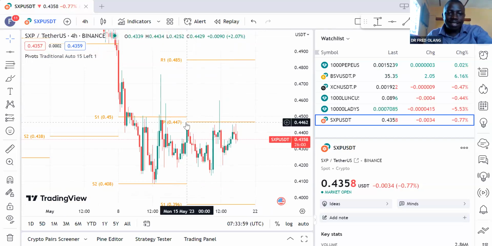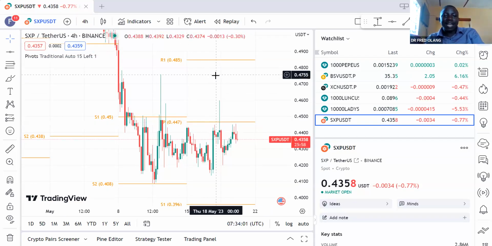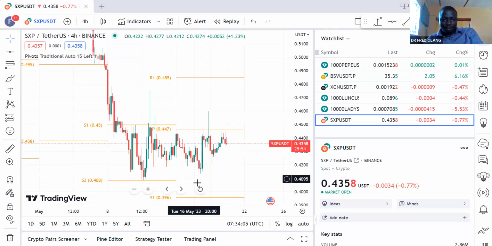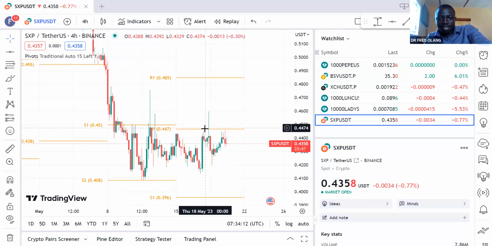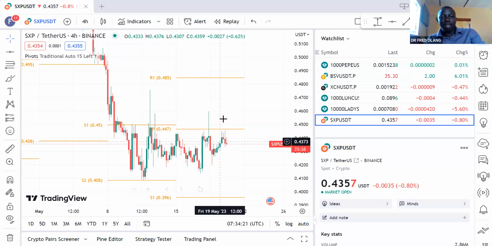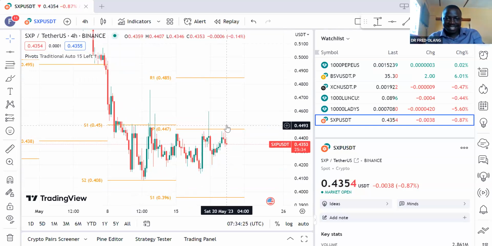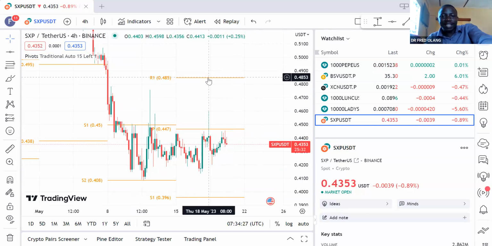Where we are now, we are between the support and the pivot. I think every time we try to go beyond this, we are being held back. But in case we break and close above it, we retest this and it goes up, we are more likely going to target the next resistance.